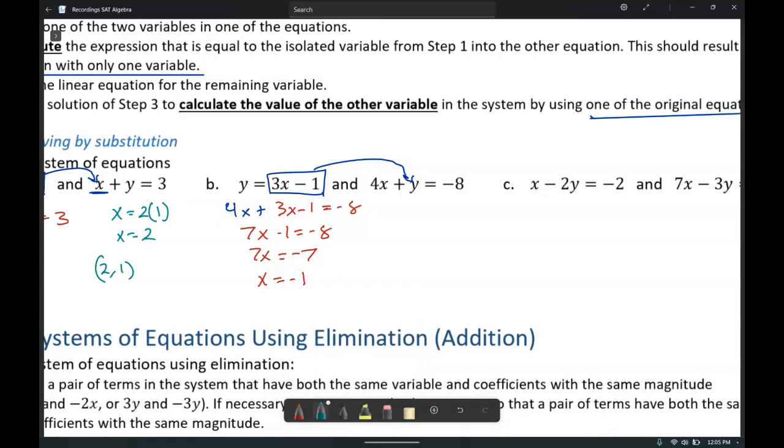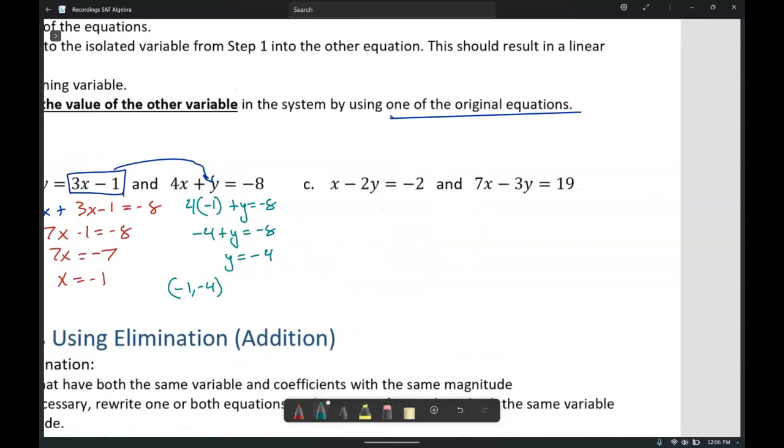For example, we can take 4x and substitute in the x value, and y equals -4.